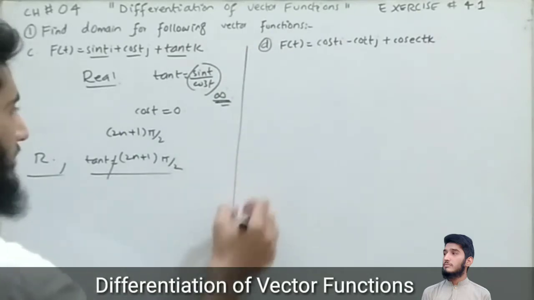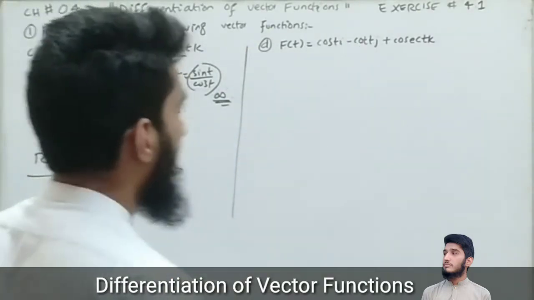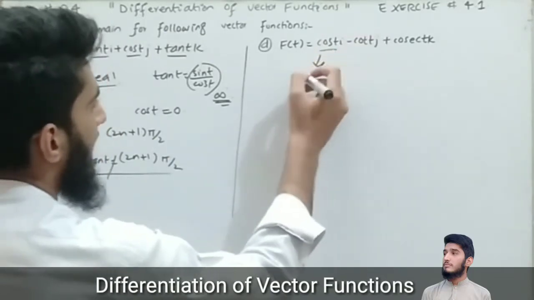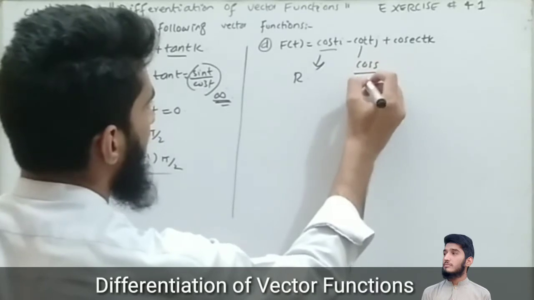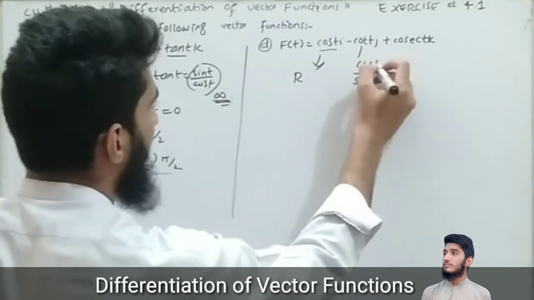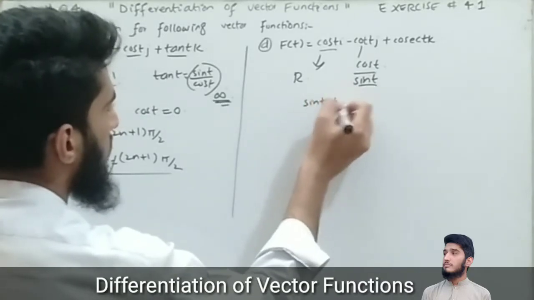Now talk about part D. f(t) = cos t i − cot t j + cosec t k. You know that the domain of cos is real, and cotangent can be written as cos t divided by sin t. Now over here the denominator is sin t, so sin t should not be equal to 0.